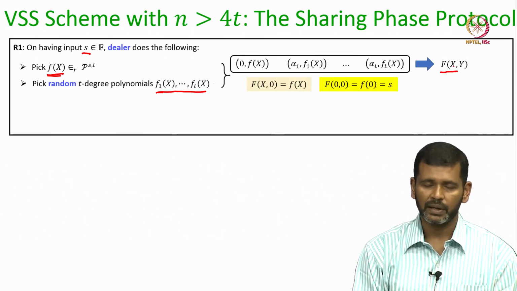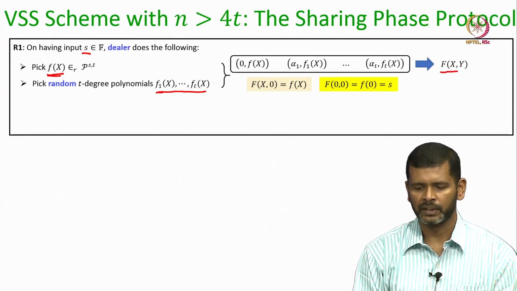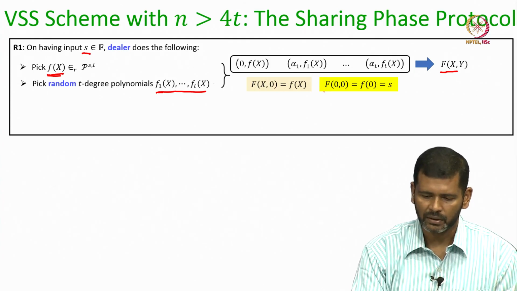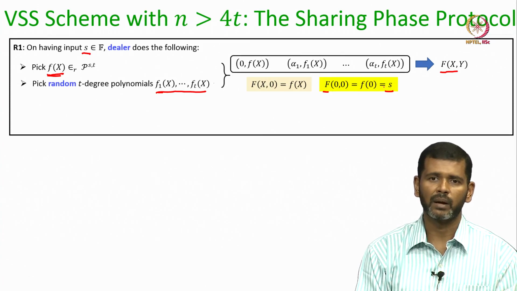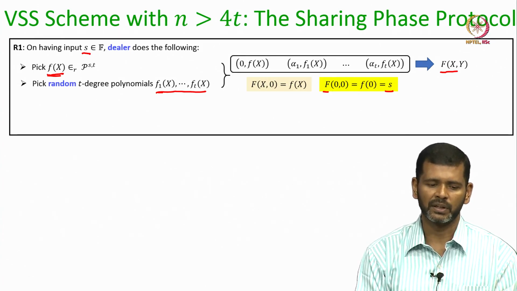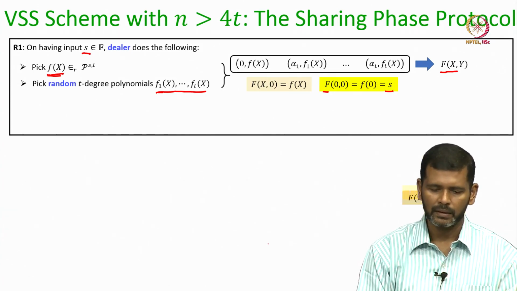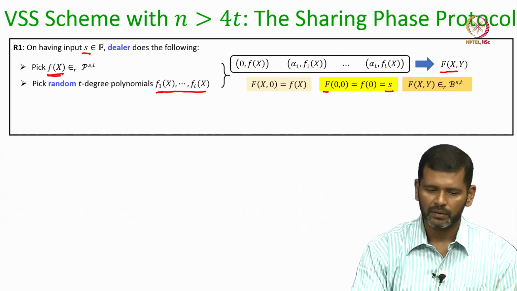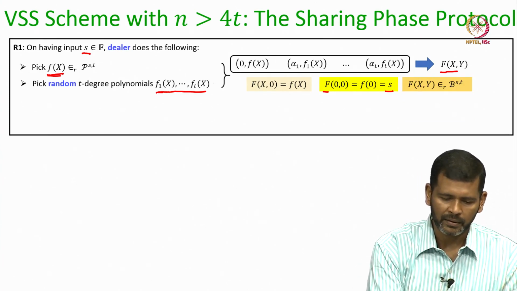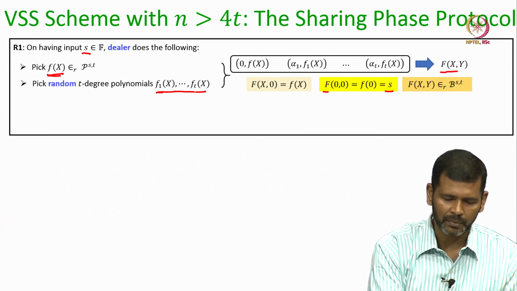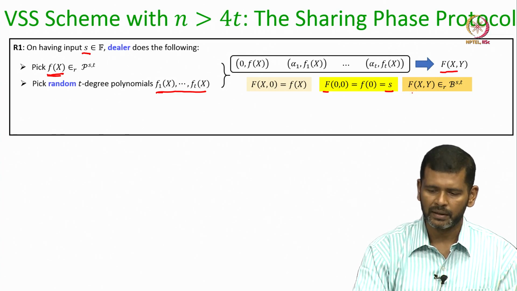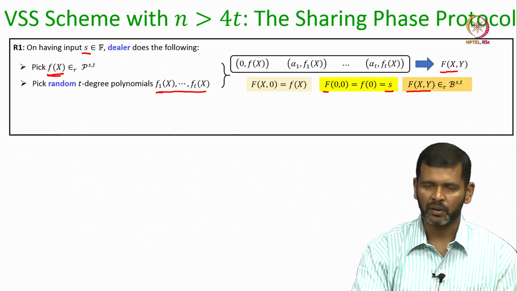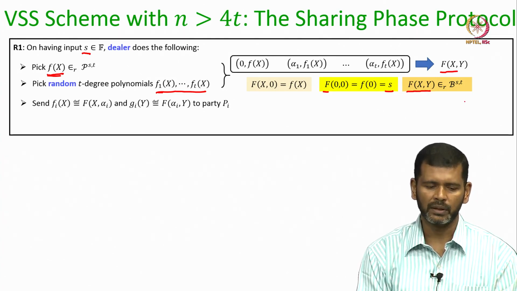Because of the way the secret is embedded in the bivariate polynomial, the constant term of the bivariate polynomial is the dealer's secret, which also happens to be the constant term of the Shamir sharing polynomial f(x). And since these polynomials f1(x), f2(x), ..., ft(x) are picked randomly, and so is the Shamir sharing polynomial, it guarantees that the overall bivariate polynomial is a random t degree bivariate polynomial.